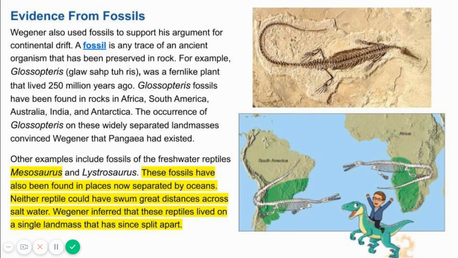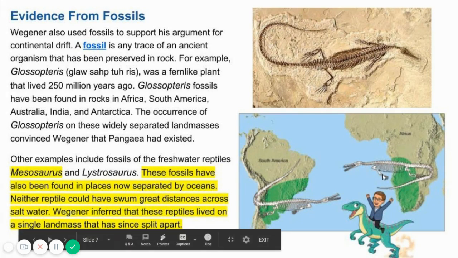Other examples included fossils of the freshwater reptiles, the Mesosaurus and Lystrosaurus. These fossils have been found in places now separated by oceans. Neither reptile could have swum great distances across salt water, but Wagner inferred that these reptiles lived on a single landmass that had since split apart.